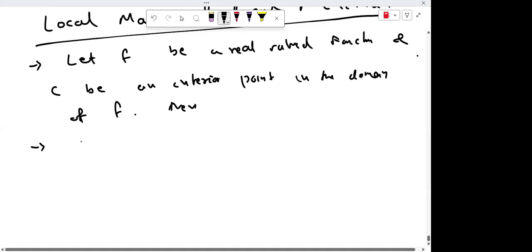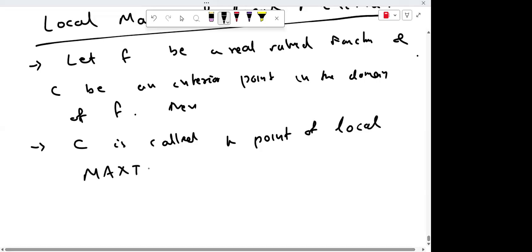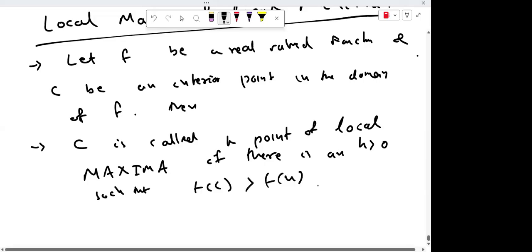Then c is called a point of local maxima if there is an h greater than 0 such that f of c is greater than f of x for all x belonging to (c minus h, c plus h).